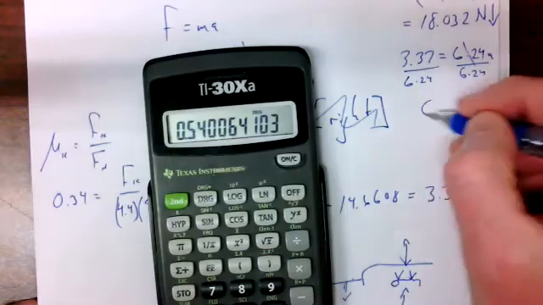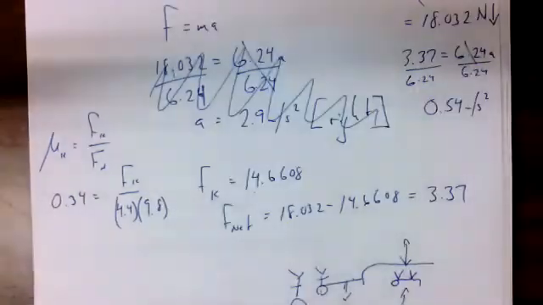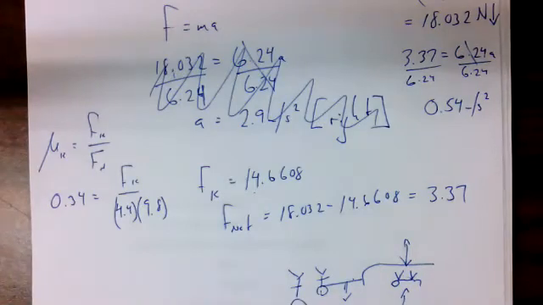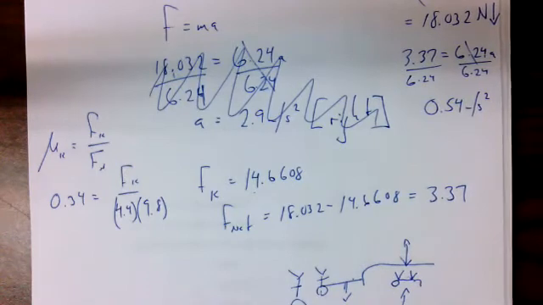Yeah, 0.54. Will there be questions like this on the test? I was close to saying, you know what, there's no pulley questions on the test, but still the dynamics of force and friction, there is that, but there are no pulley questions.